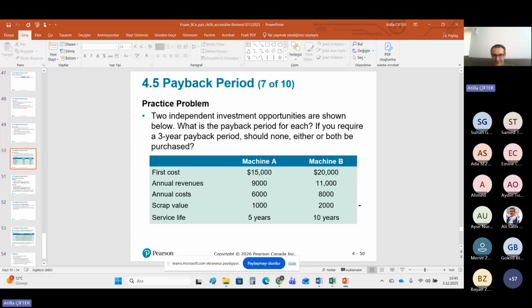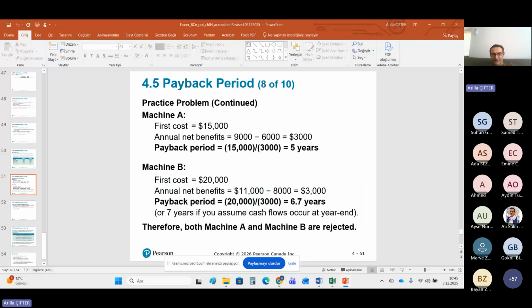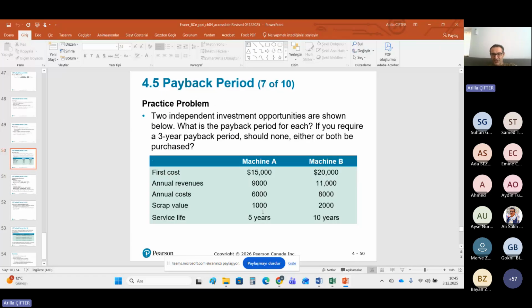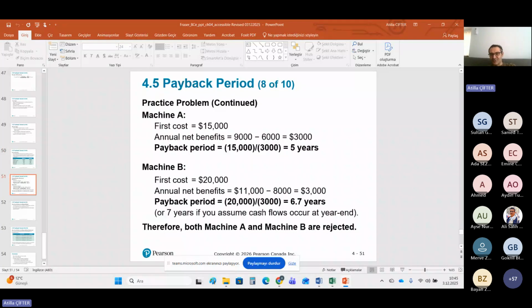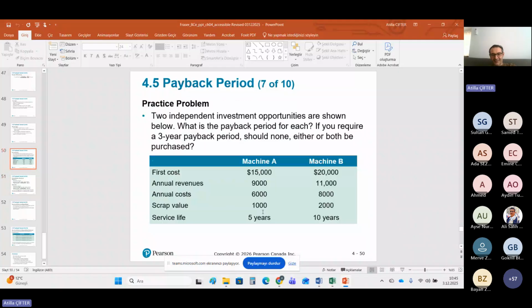Why? Let's look at machine A: in 5 years, the scrap value is inside this 5 years. But for machine B, as you can see, the scrap value is outside of this 6.7 years, because machine B will receive the scrap value after 10 years.